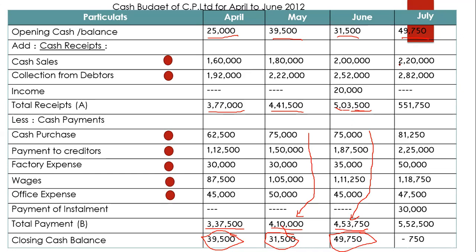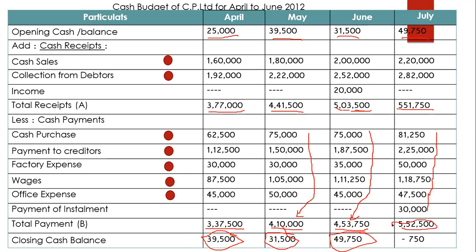That will become the opening balance for July month, 49,750. We add 2,20,000 and 2,82,000 to 49,750 and we get the answer 5,51,750. Now we do the total of payments: 81,250, 2,25,000, 50,000, 1,18,750, 47,500 and 30,000. Then the total will be 5,52,500.